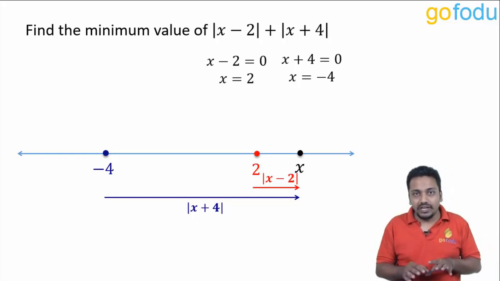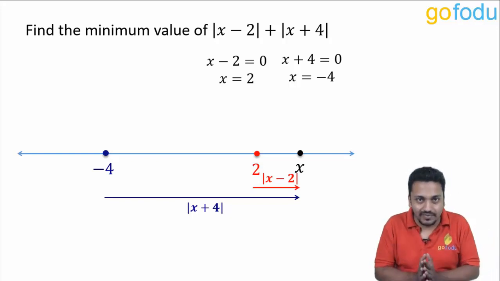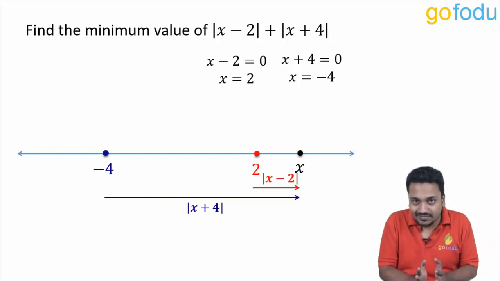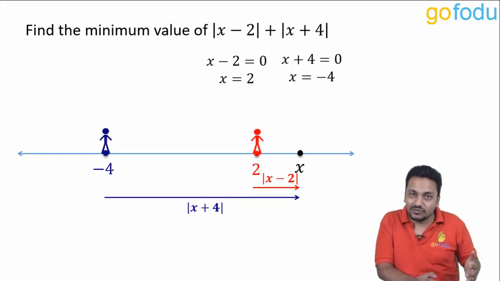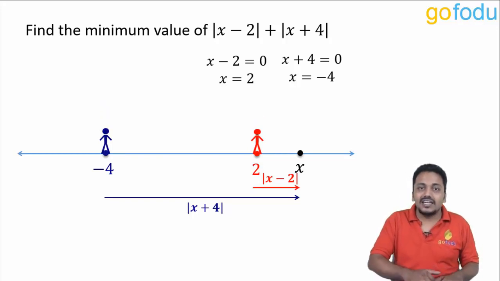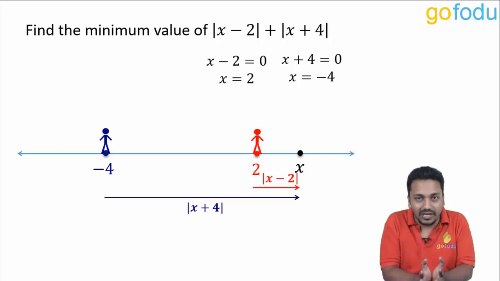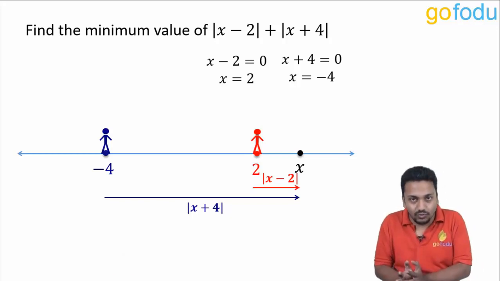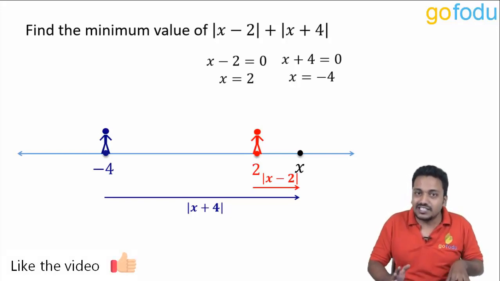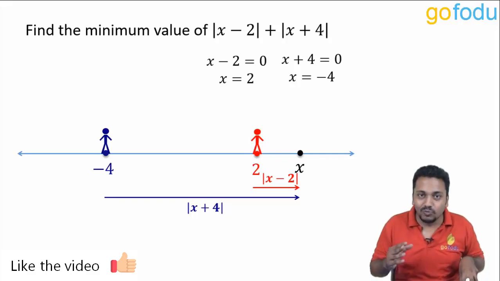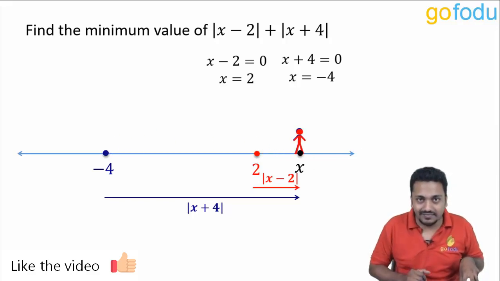Now this question could be rephrased in an interesting way. If we consider two persons, a blue guy standing at minus 4 and a red guy standing at 2, then our expression mod x minus 2 plus mod x plus 4 is nothing but the distance covered by these two guys to meet at point x.